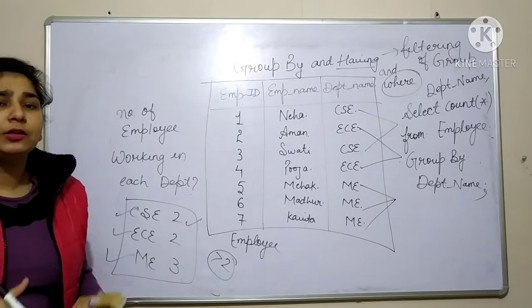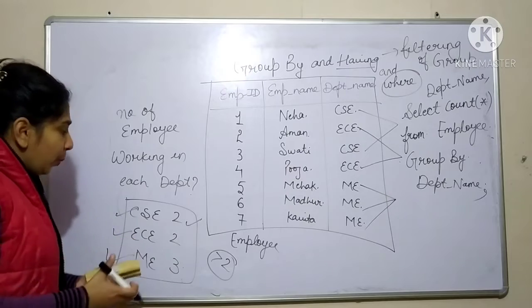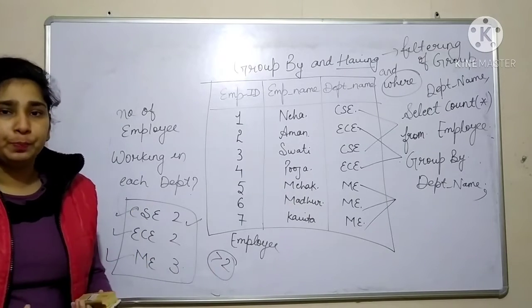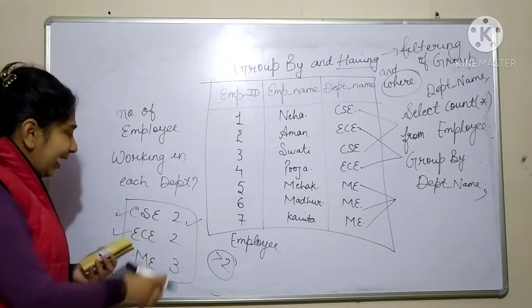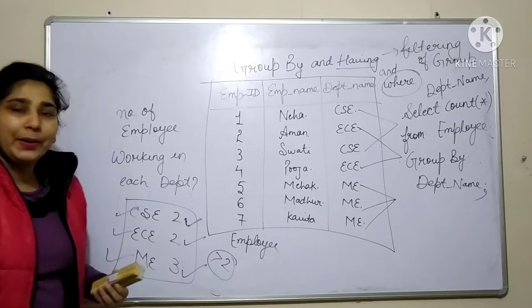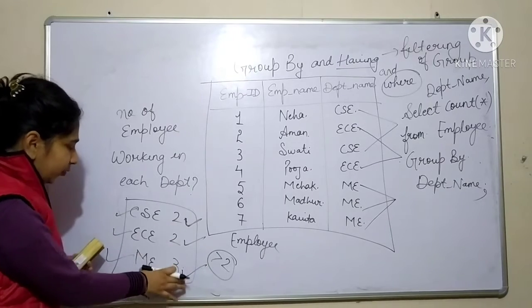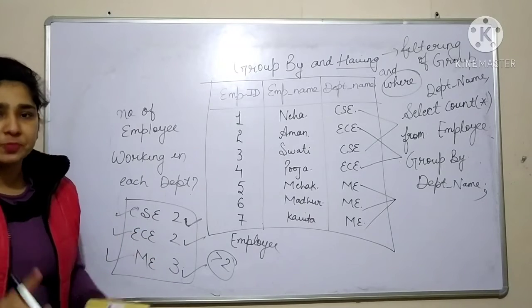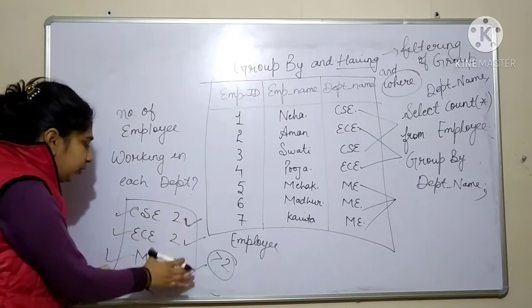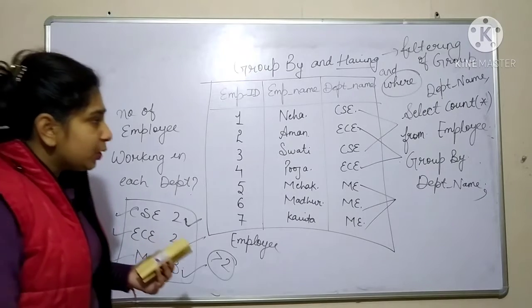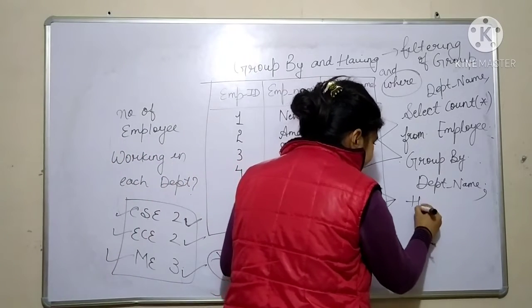So we are going to filter the groups. We have got these three groups, and I want to make a filtering of them. So what we will be doing: having.